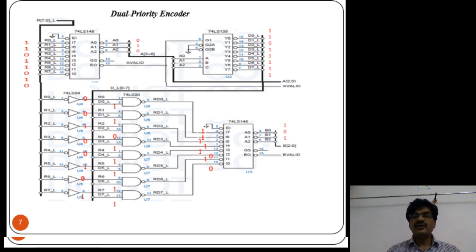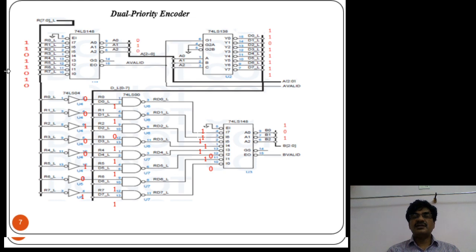Whatever data in which you need to know the priorities, first apply that data to the 74148, so that it gives the first priority. With reference to this, I5 is the first priority. Assume this is the original data.